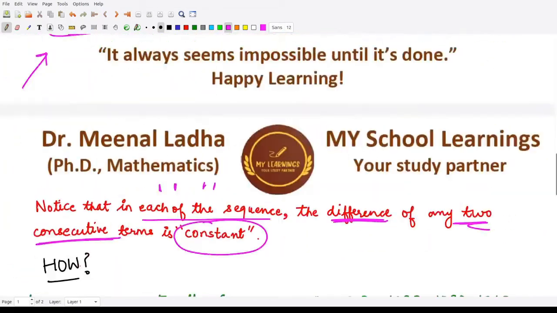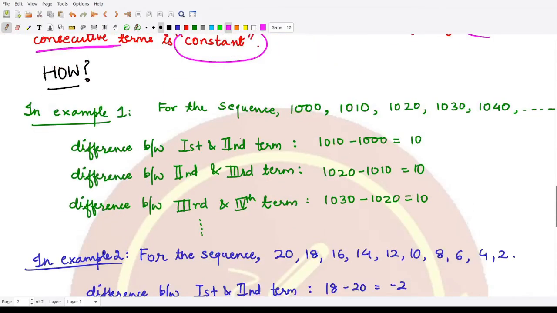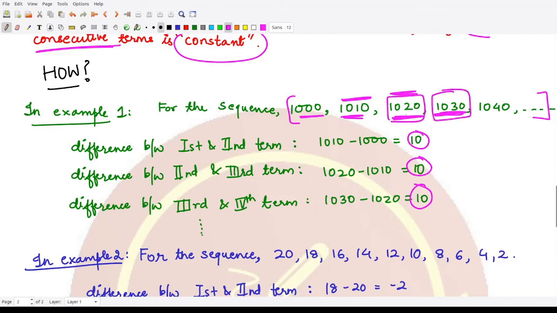You can very clearly see that in the first example, for this particular sequence, the difference of the first two terms is 10, the difference of the second and third term is again 10, and the difference of the third and fourth term is again 10. So if you take the difference of any two consecutive terms lying together in this sequence, it comes out to be constant.